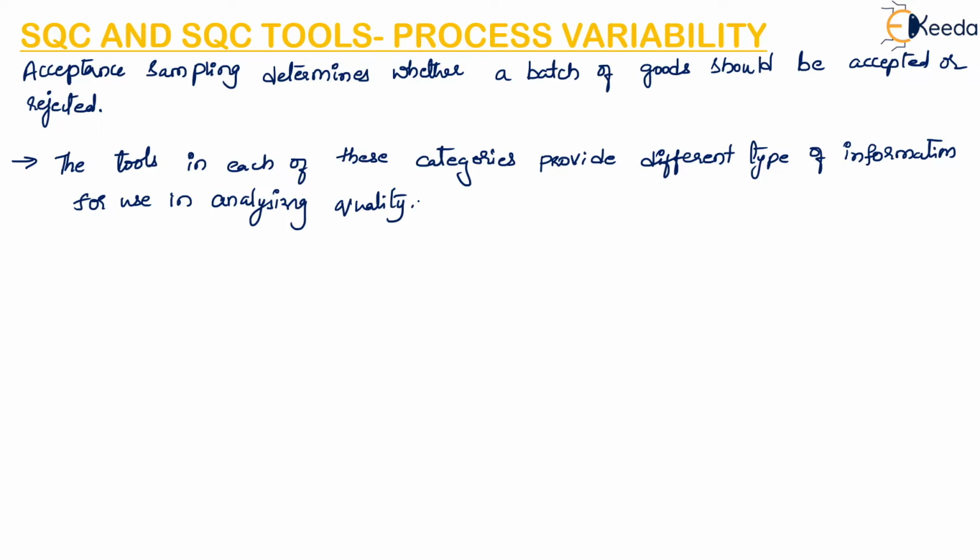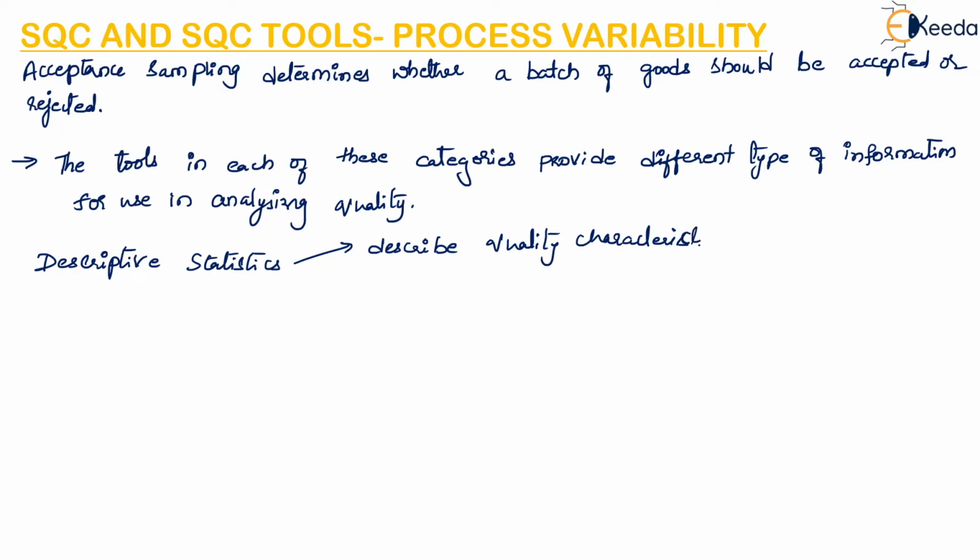So descriptive statistics are used to describe certain quality characteristics like the central tendency and the variability of the observed data. So descriptive statistics are used to describe quality characteristics. What are they? Like the central tendency and variability of observed data.